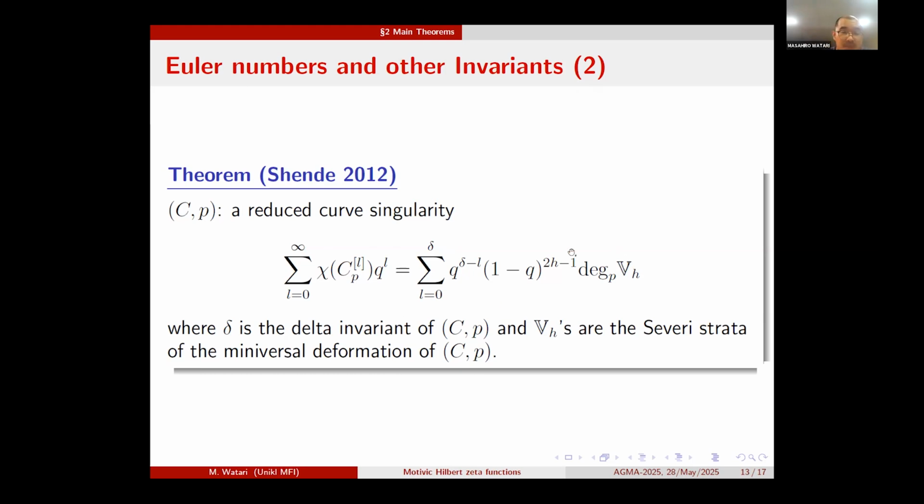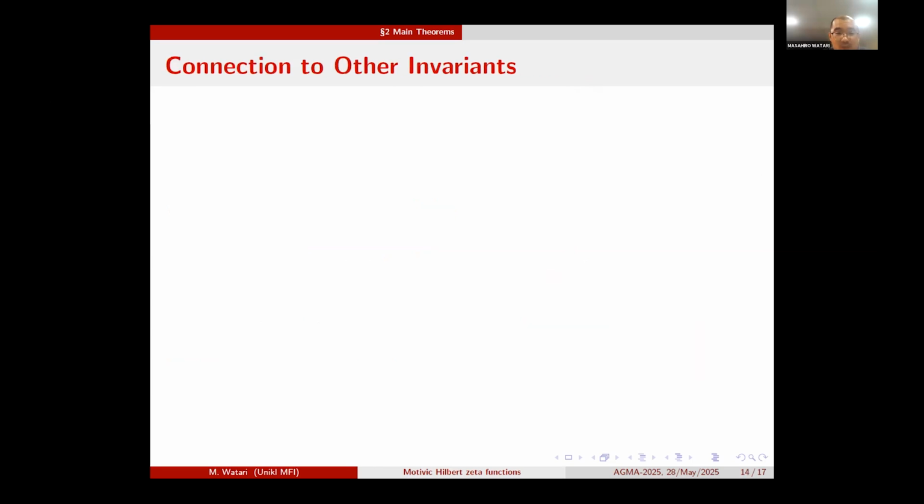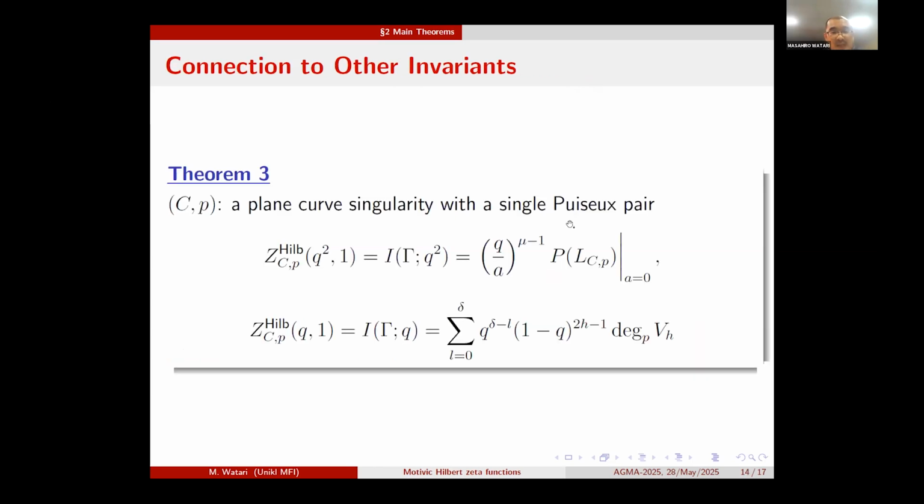By using these known results, we can conclude that if a plane curve singularity has a single Puiseux pair, its Motivic Hilbert zeta function is related to these known invariants. So this is our third main theorem today.